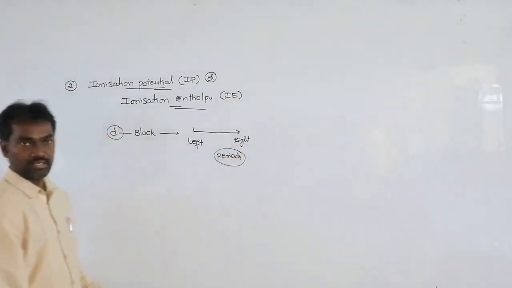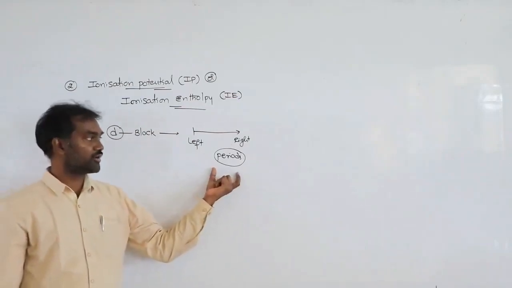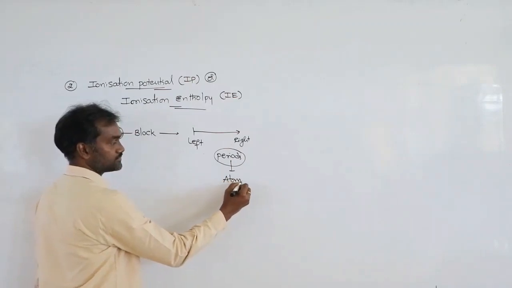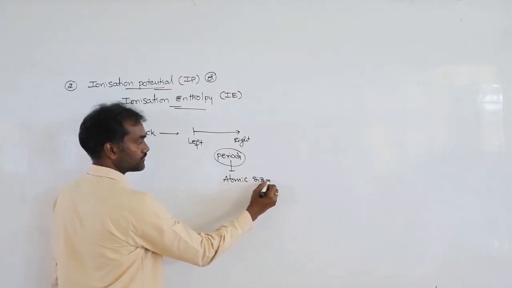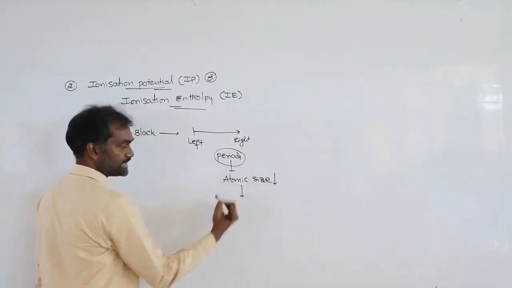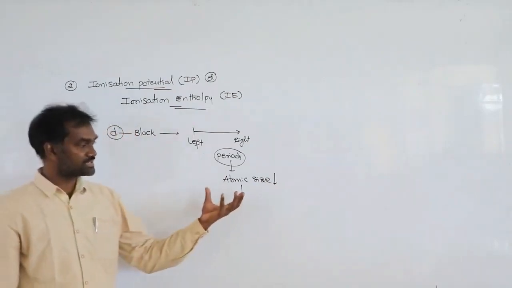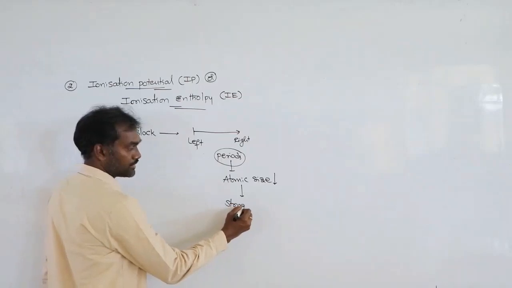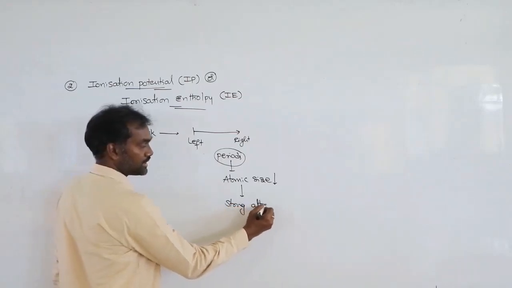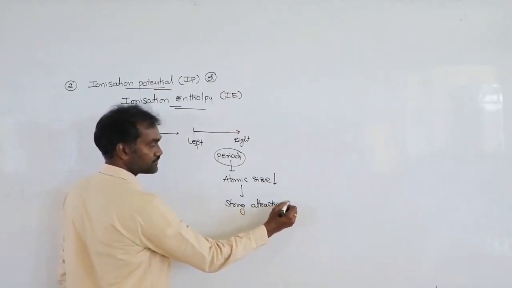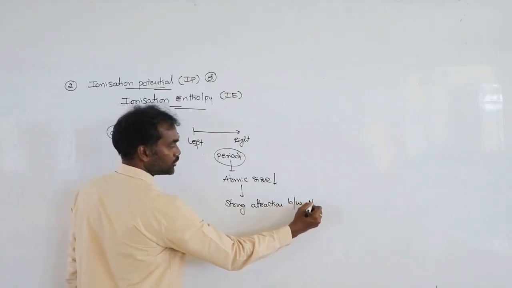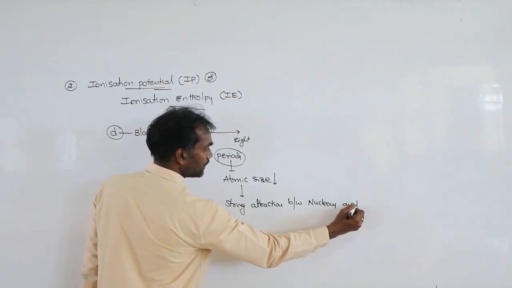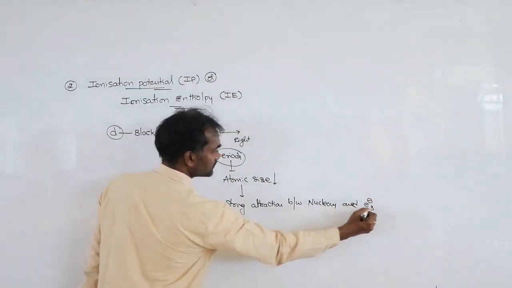When elements move left to right in period form, what happens? Atomic size decreases. Atomic size decreasing means strong attraction between the nucleus and the outermost electrons.